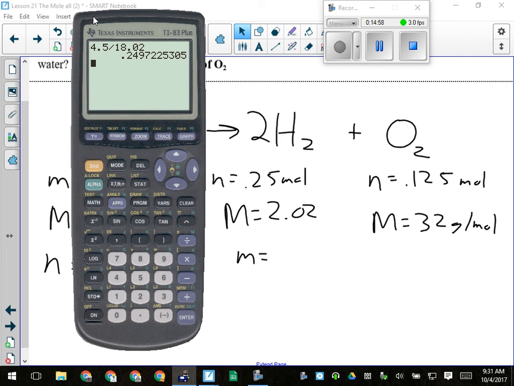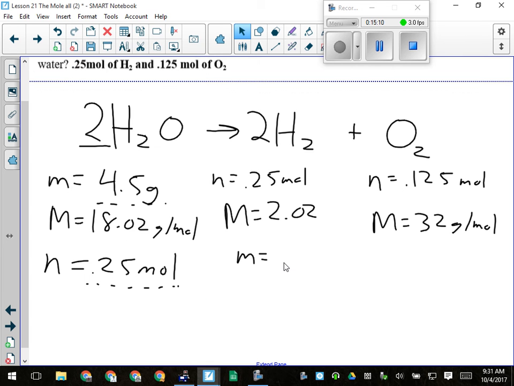I'm going to keep this number here because I want to keep all my decimals to be perfectly accurate. I'm going to multiply that by 2.02. So that says I have 0.50 grams on this side. So I've got 0.5 grams of hydrogen, and then I've got to do the same thing over here.